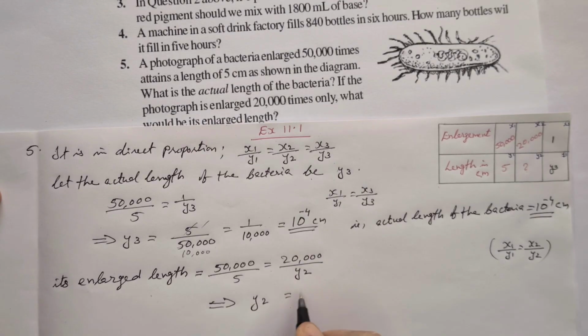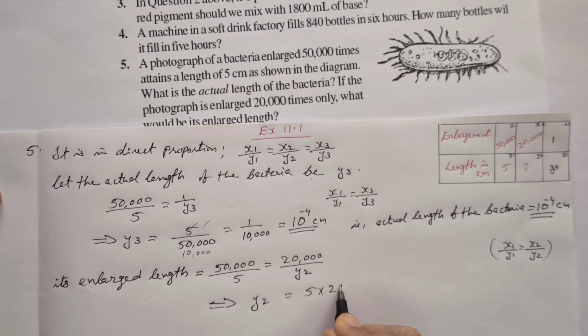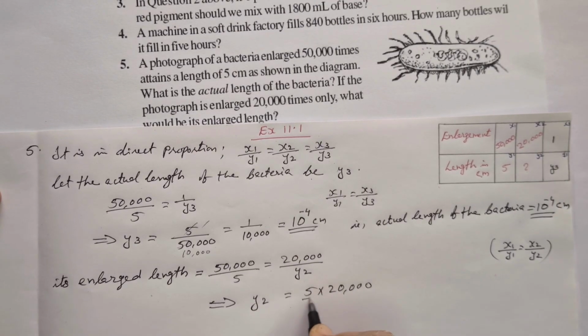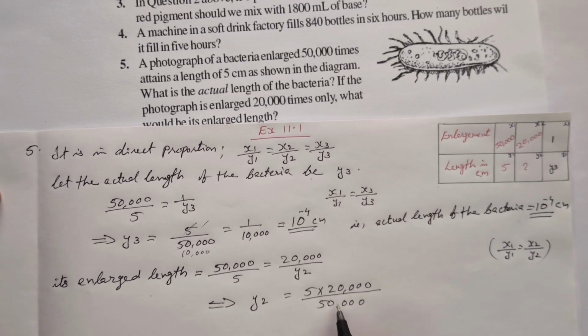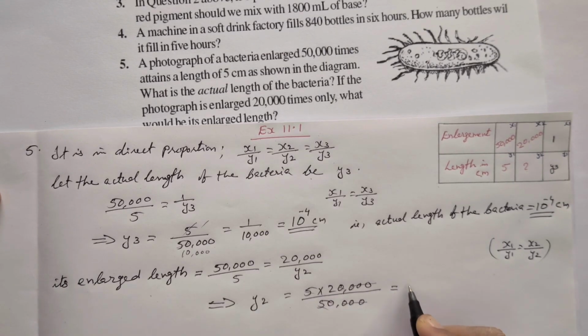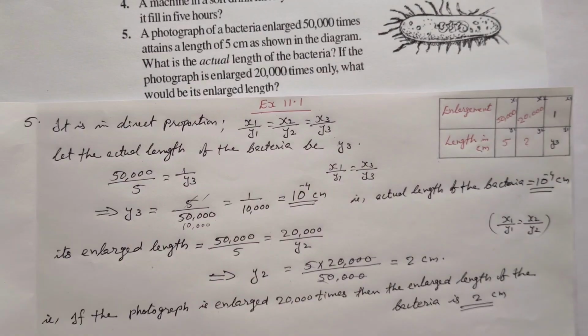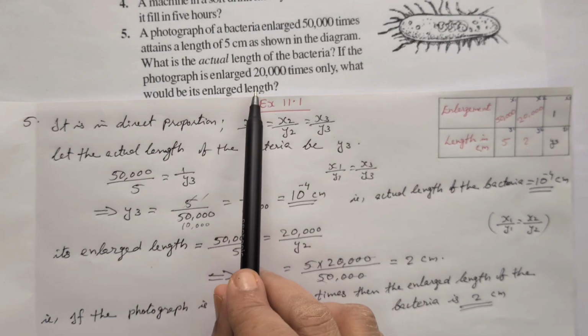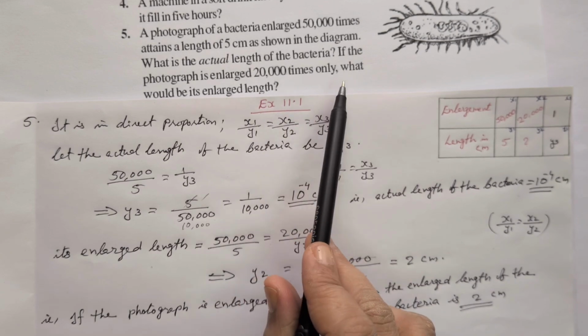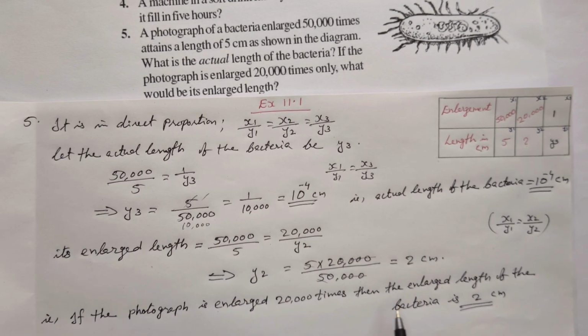From that, y2 is equal to 5 into 20,000 divided by 50,000. All the zeros we can cancel, 5 and 5 will cut, and we get 2 centimeter. We can write in a sentence: if the photograph is enlarged 20,000 times, then the enlarged length of the bacteria is 2 centimeter.